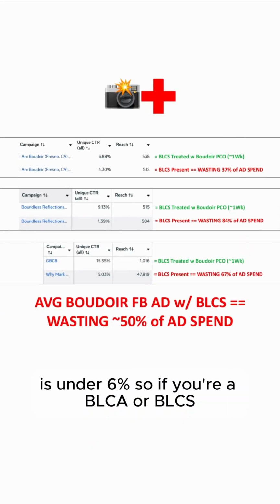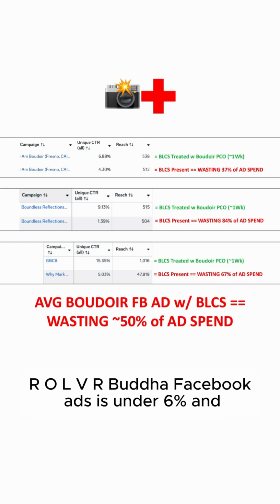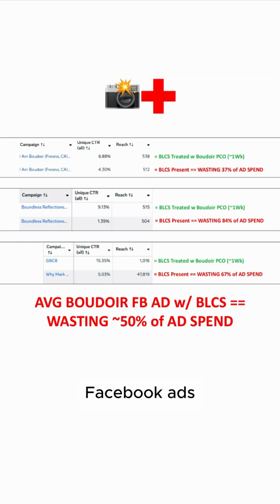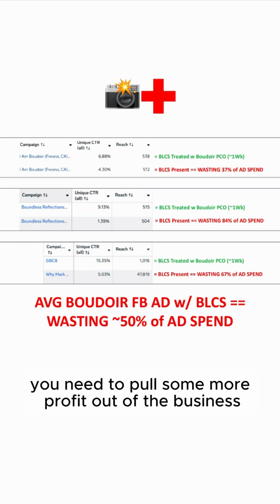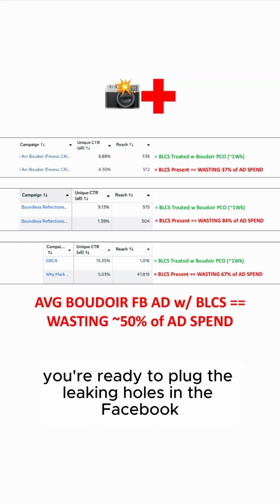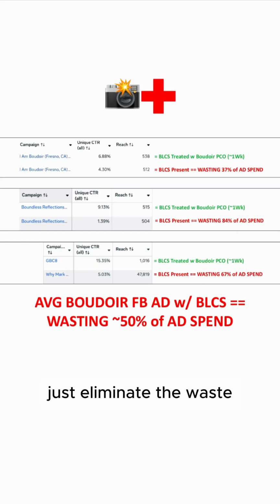So if you're a BLCA with BLCS, a Boudoir low click advertiser with Boudoir low click syndrome, the unique CTR of your Boudoir Facebook ads is under 6%, and you're spending more than 10 grand a month on Boudoir Facebook ads, and you decide you need to pull some more profit out of the business. You've optimized other parts. Now you're ready to plug the leaking holes in the Facebook ad strategy, because that's easy, just eliminate the waste.